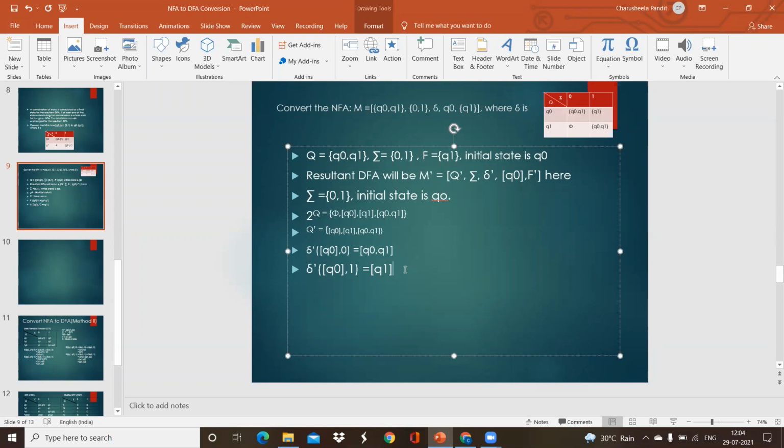Okay. Now the another state here is Q1. So we will give input 0 to Q1. Q1 on 0 is nothing but phi. It means there is no transition. This is phi.